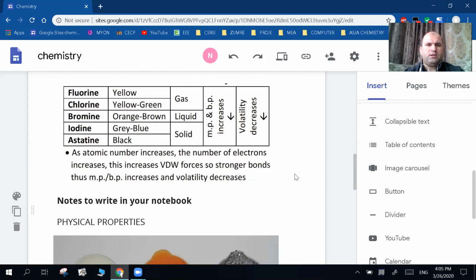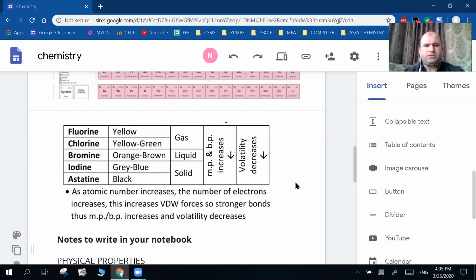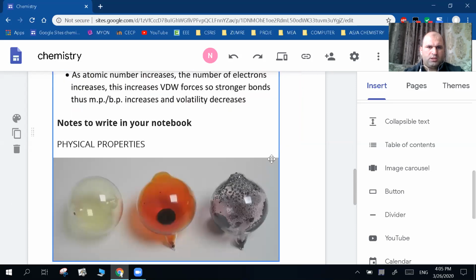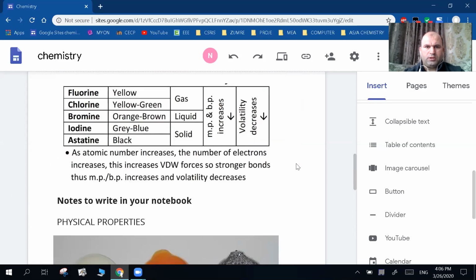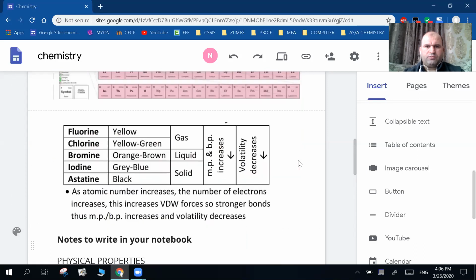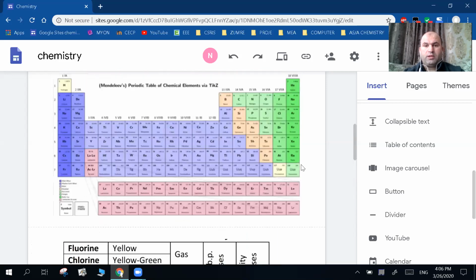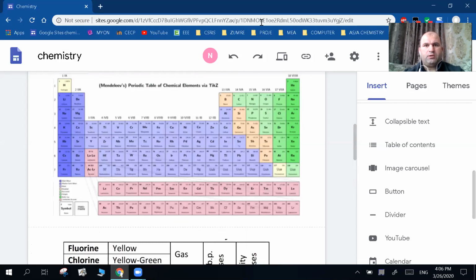You should be able to explain these trends by using the concept of intermolecular forces. But before that, we should find the trend in van der Waals forces. As you go down the group, the strength of van der Waals forces increases. Why? I'm going to explain now.